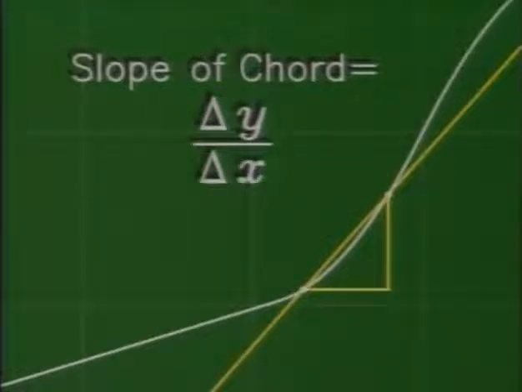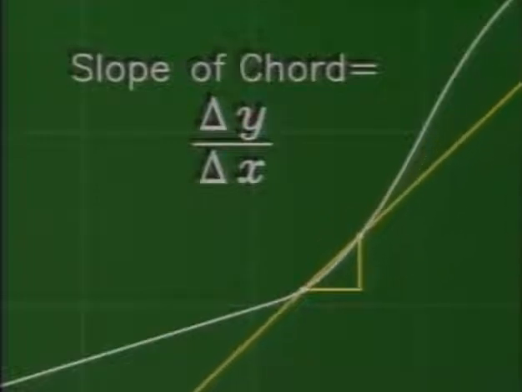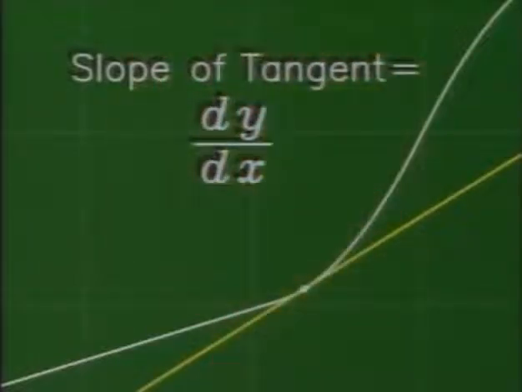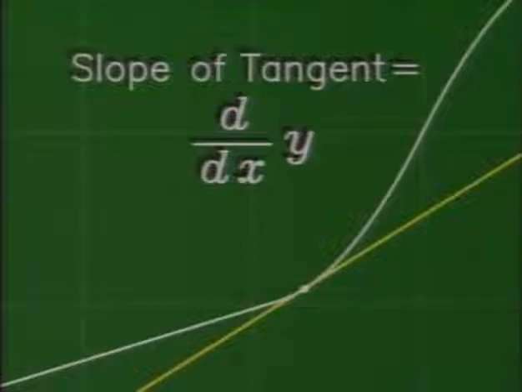So delta y over delta x is merely a ratio of 2 small numbers. When the small numbers shrink to 0, that ratio becomes a derivative, and the deltas become a new symbol, dy over dx, the symbol of the derivative, which means the derivative with respect to x of the quantity y.